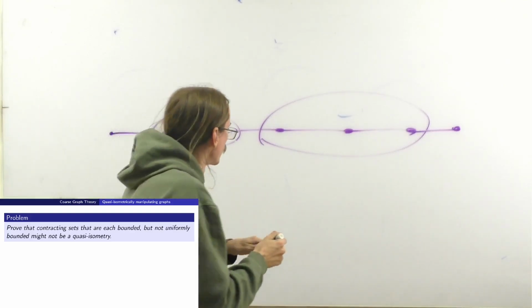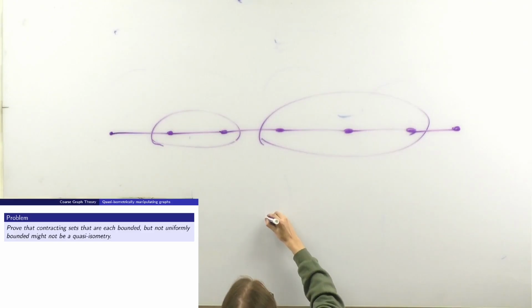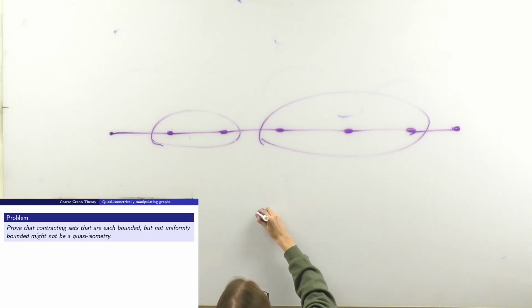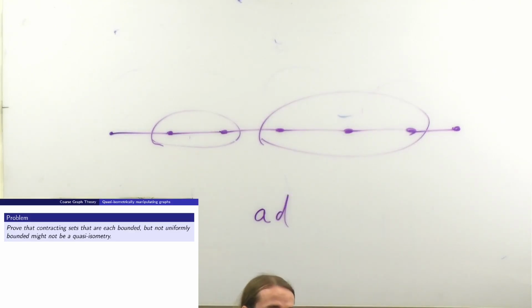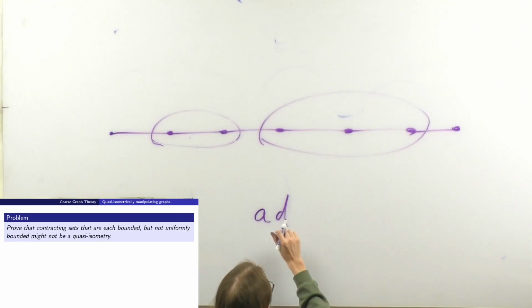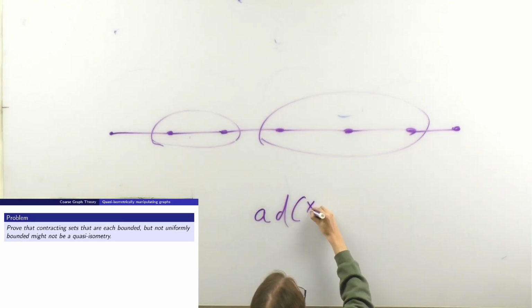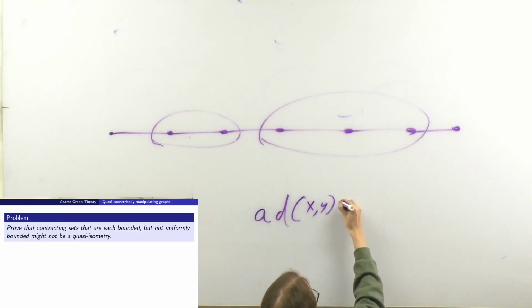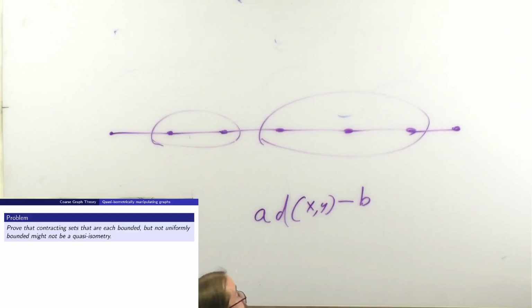Okay. So let's say that we're only going to worry about the lower bound. We're assuming to a contradiction that we have a quasi-isometry, and so we have lower and upper bounds on the distortion of distance. That means there is some a such that the distance from x to y times 1 over a, and then this is a lower bound, so we're going to be subtracting b.